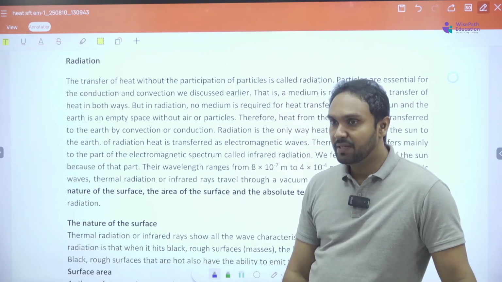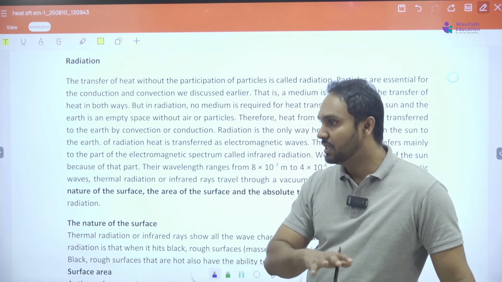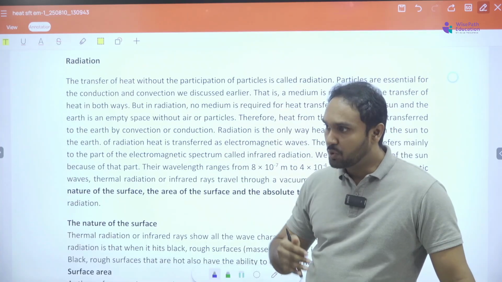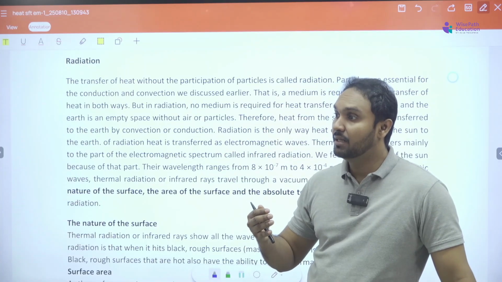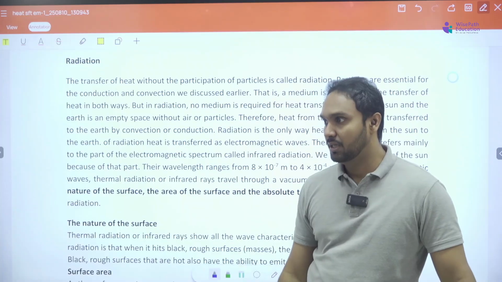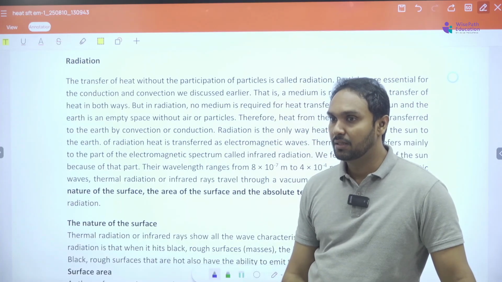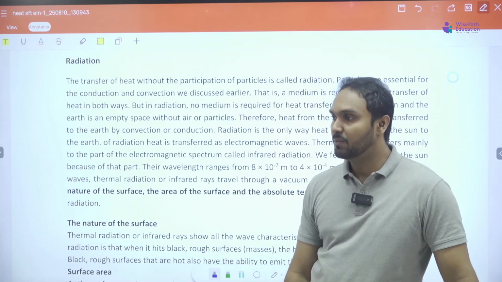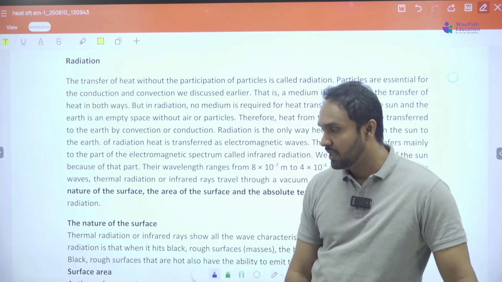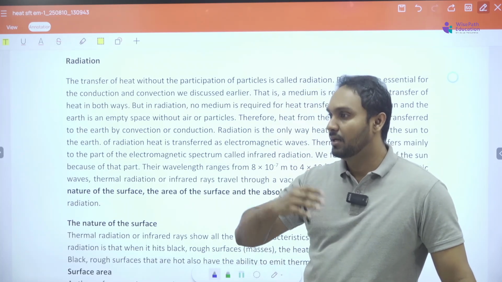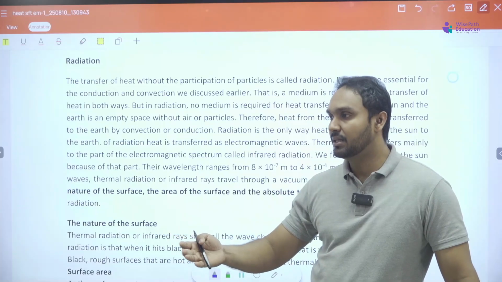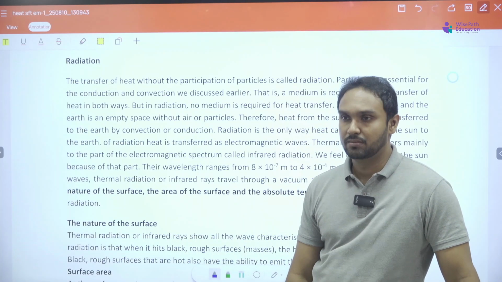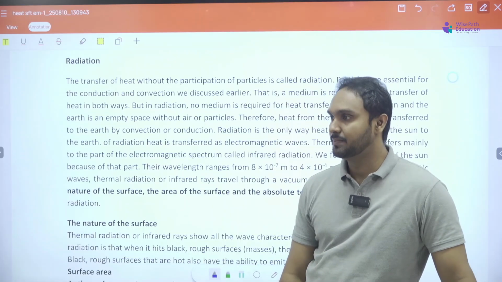If there is more surface area, the rate that the radiation can emit and the rate that it can absorb is more. Give an example.